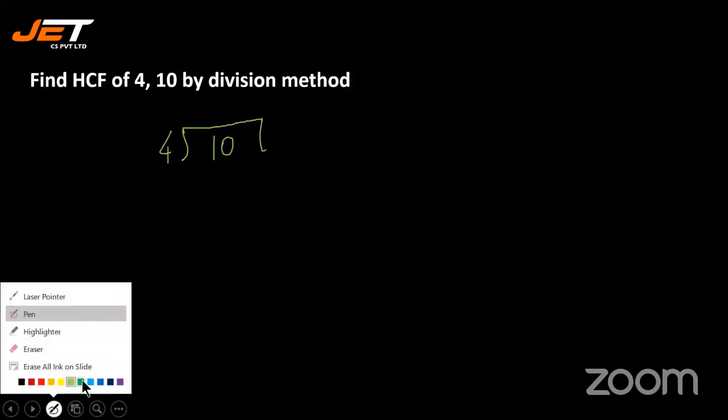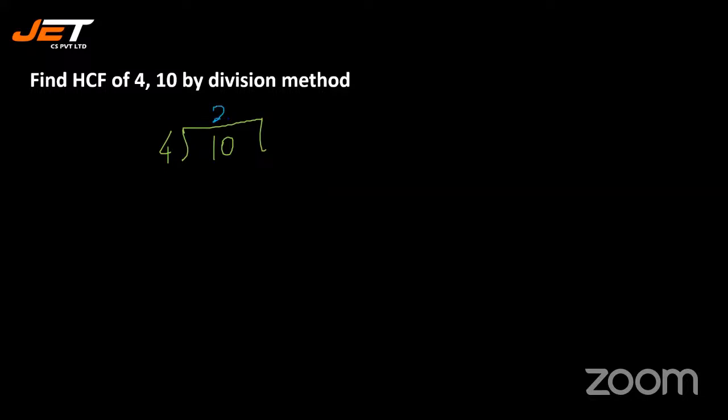Now let's do for 4 and 10. Okay? 4 will be the divisor as it's the smaller one, and 10 is the dividend. Right? So over here, 4 times 2 is 8. I got the remainder as 2. Now this 2, which is the remainder, will be treated as the divisor.